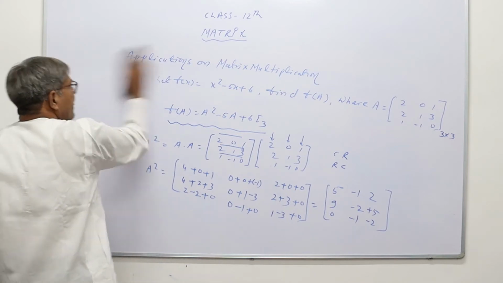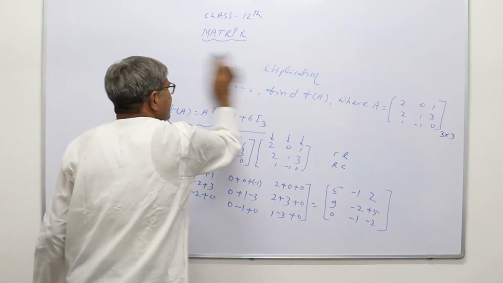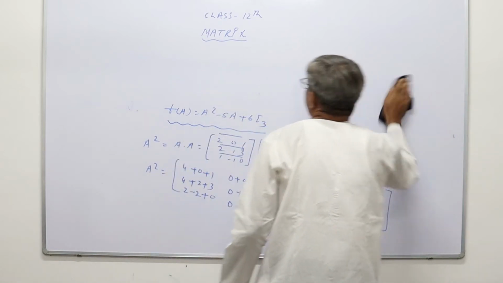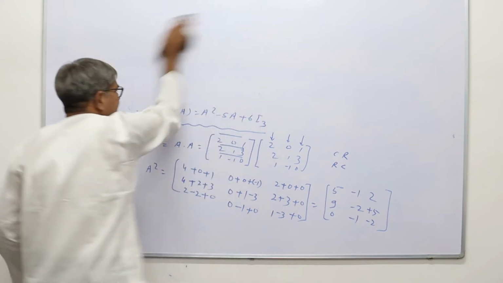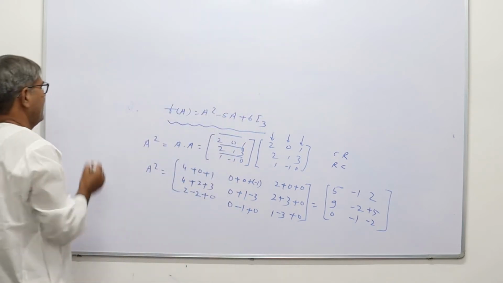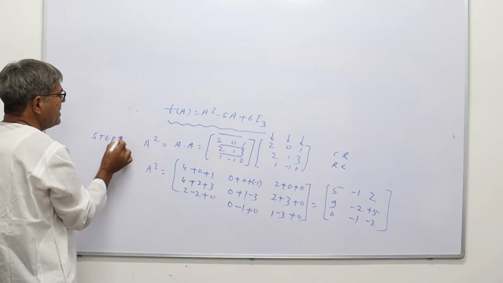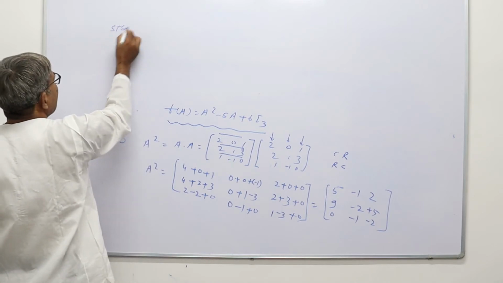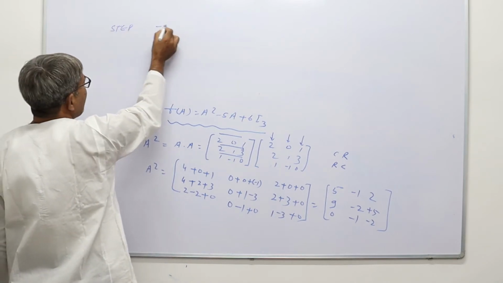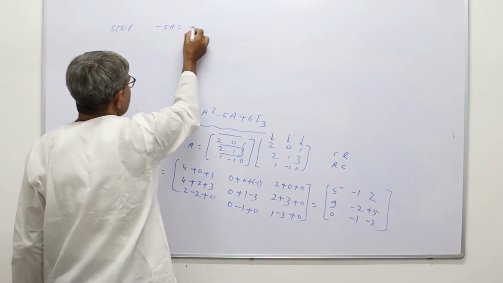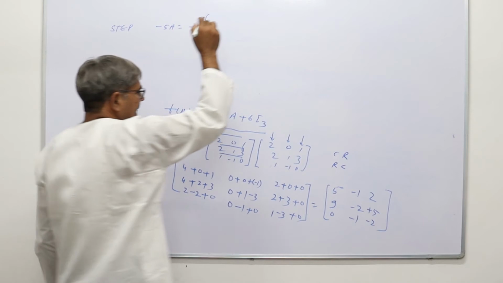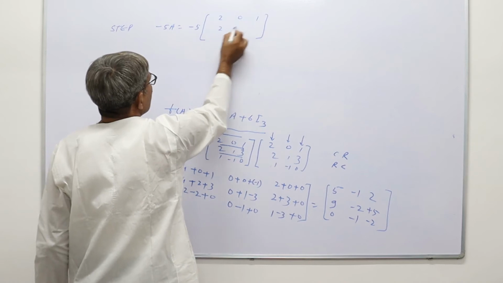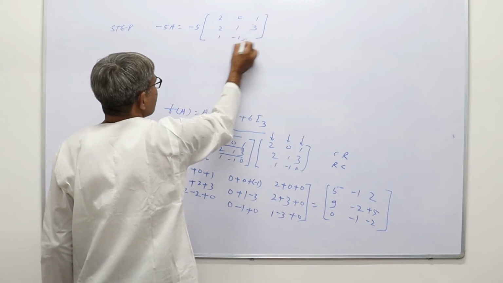The next step is −5A, that is the scalar multiplication of the given matrix with the scalar 5. So this was step first, in which we calculated A². Now step second: how will we calculate −5A? −5A means −5 will be multiplied with the given matrix, that is 2 0 1 and 2 1 3 and then 1 −1 0.